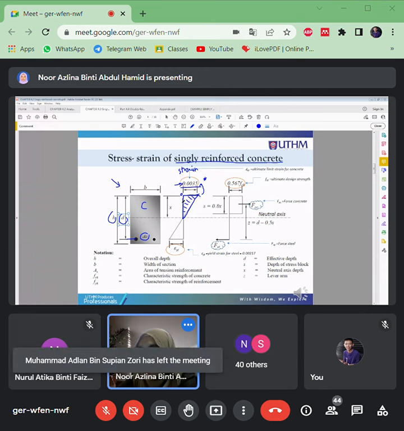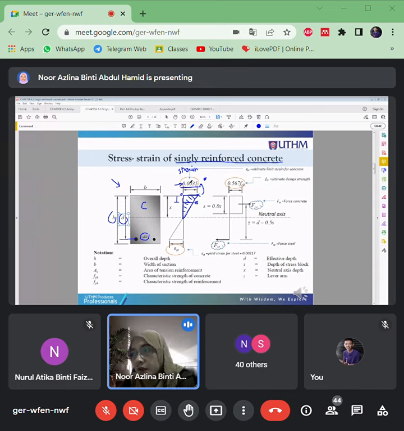Okay, if you want to know what the strain value is at these levels, you need to know the depth here, then you can make a ratio. Okay, the maximum depth for concrete strain is X here.